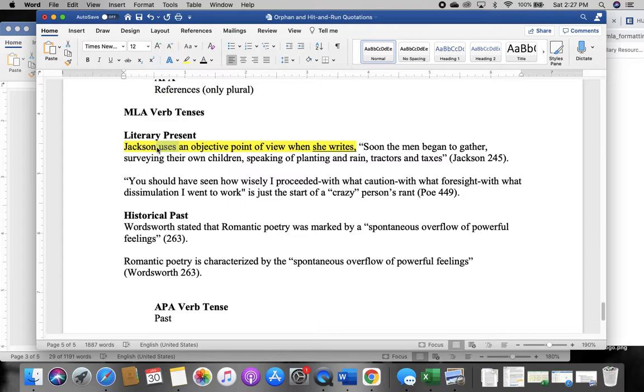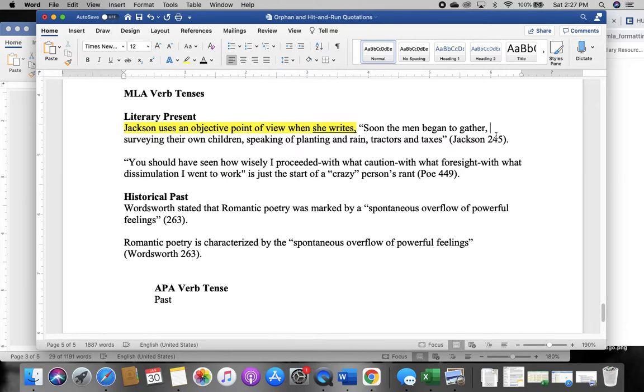I'm not sure uses is the best verb. Obviously, there's always room for improvement. But this is grammatically correct: the signpost, she writes, the comma, and then the quotation. In this case, there's another rule of thumb that it's better to oversight than undersight.